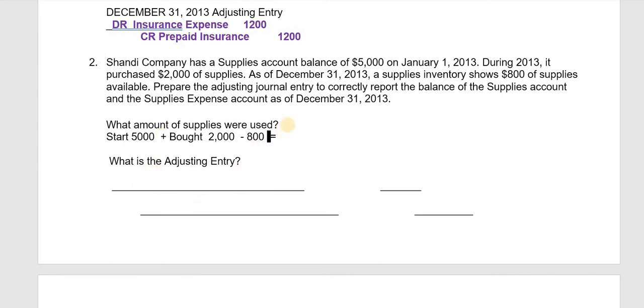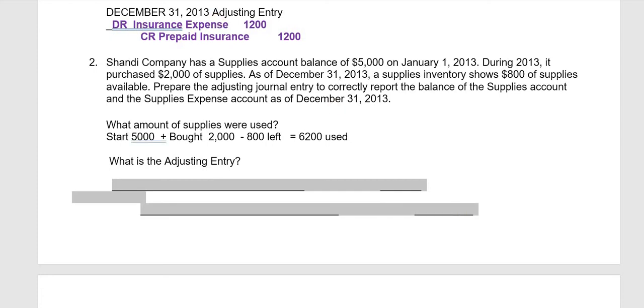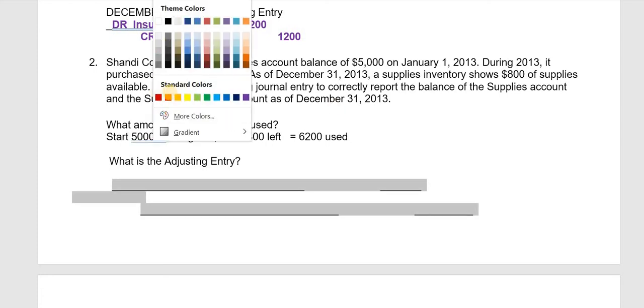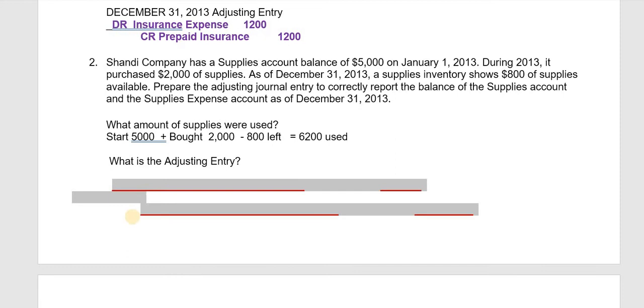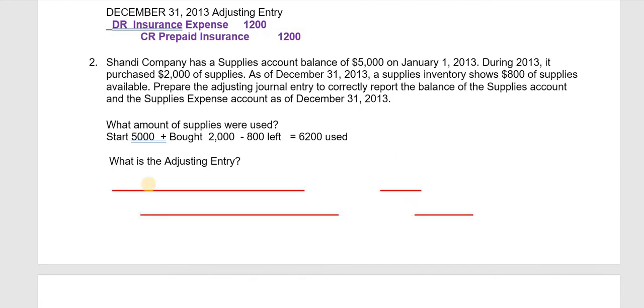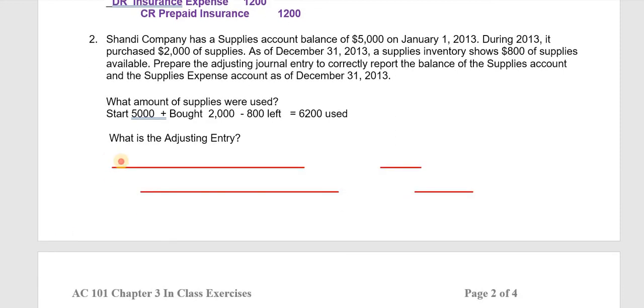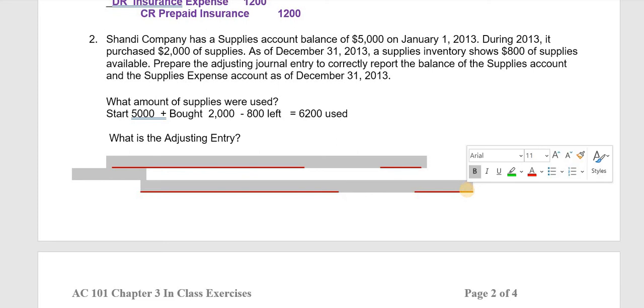5 plus 2 is 7. 7 minus 800 is 6,200 used. So what's our adjusting entry? Well, we're going to record the fact that we've taken supplies out of the supply closet and used them up.